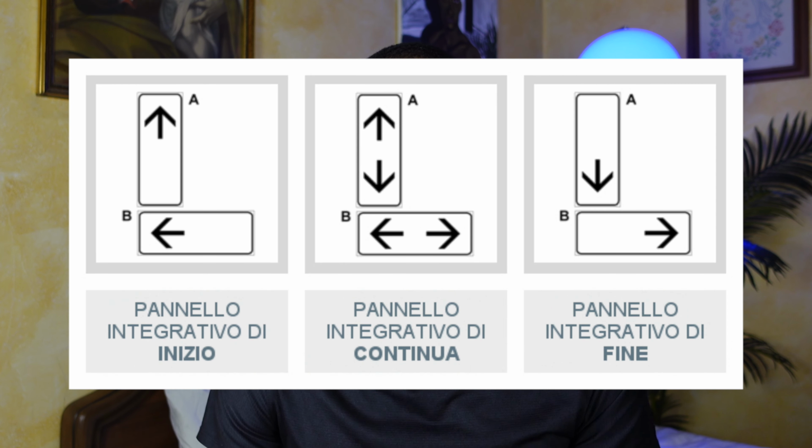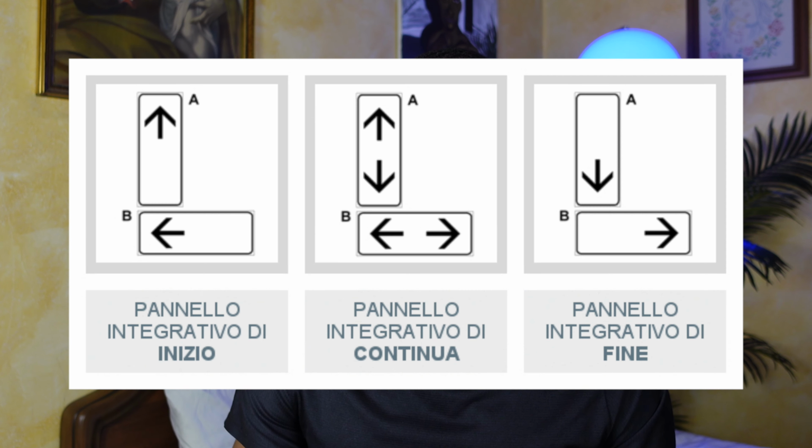These three signs here, you need to pay attention to them, which are inizio, continuazione, and fine. You will always see these three signs under a sign, maybe under a sign of divieto, obbligo, precedenza, or pericolo as well, that tells you when the sign starts, if the sign still continues, and also when the sign ends.